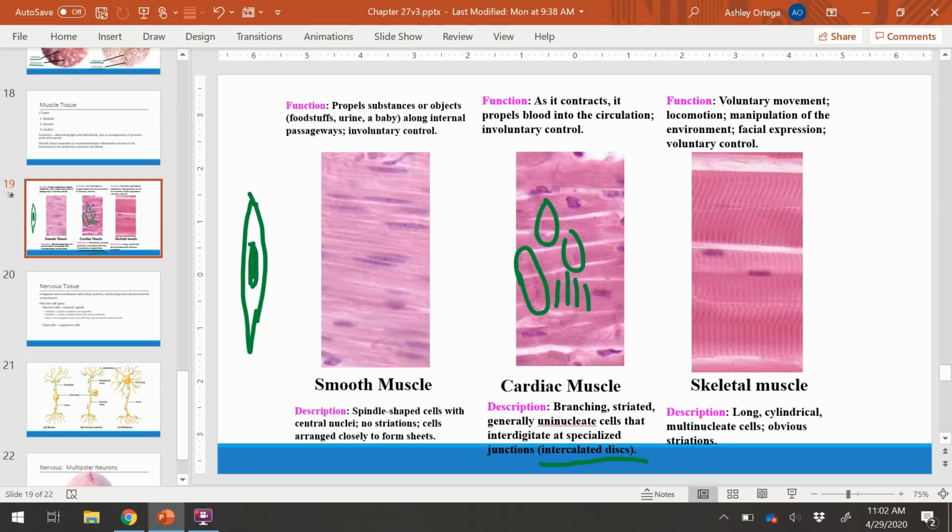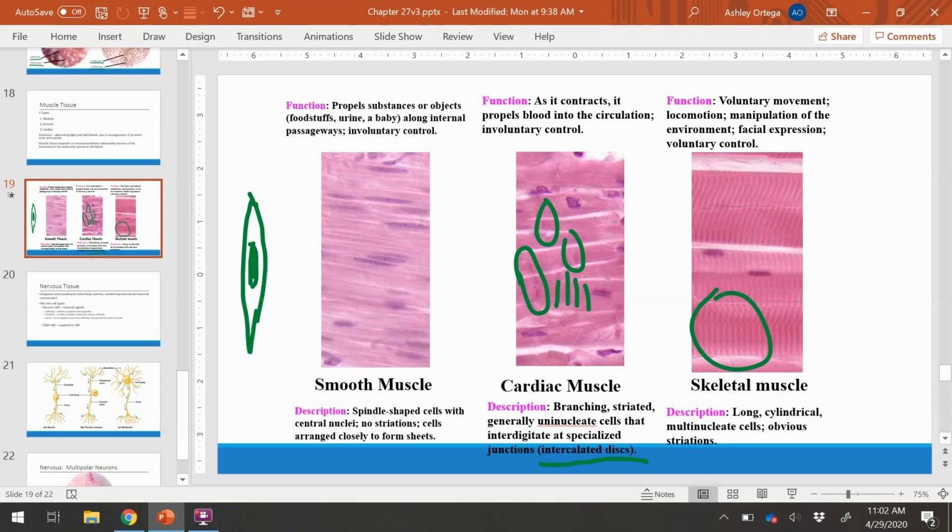That's how you're going to be able to tell cardiac muscle from skeletal muscle, as they both have striations, more of which you can see here. These lines are more clearly defined for striations. Skeletal muscle is going to be much bigger in that they have many nuclei per cell, and their cells are much larger for obvious reasons: they want to keep communication going quickly, and forming larger cells will be better for that.